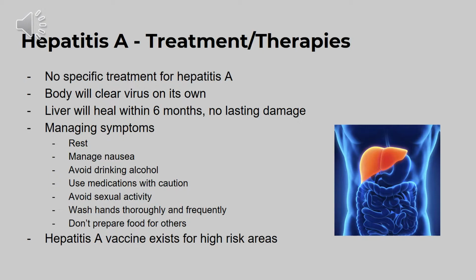And although this isn't really managing symptoms, I also just wanted to note that those with hepatitis A should not be preparing food for others. As for prevention, there is a vaccine, and this vaccine is administered in high-risk areas, mostly to children.